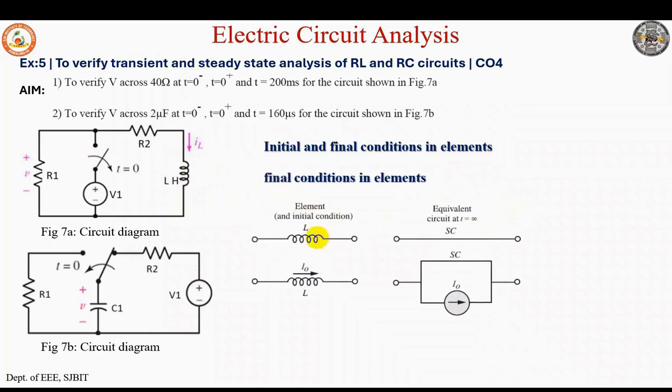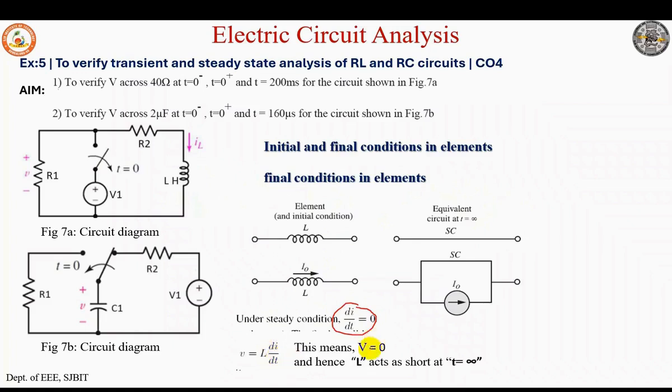So what are the final conditions? Under steady state there is no change of current. Thus voltage across inductance is given as V equal to L di by dt. As di by dt is 0, the voltage is 0. For inductance, voltage 0 means the inductance acts as a short circuit.